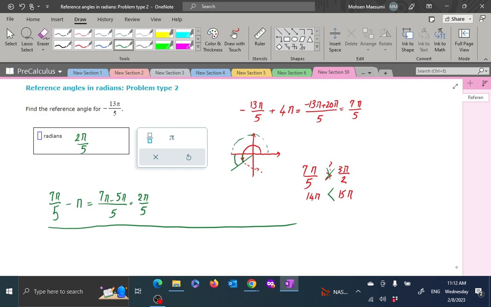Before I close today, let me add an additional challenge problem for those of you who might want to do something additional to get ready for calculus and flex your muscles. Let me remove that kid glove of the pi. Suppose I have an angle that is 10,000 radians. What is the reference angle?